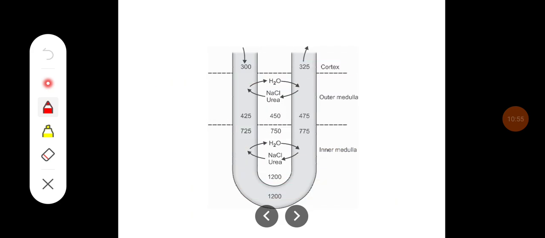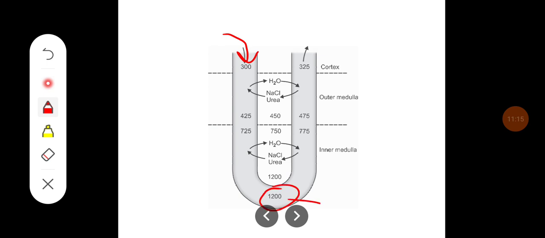Okay, so this is the descending loop of the vasa recta, where progressively as the fluid reaches, the sodium is going to enter from the medulla into the loop, and the blood gets concentrated.